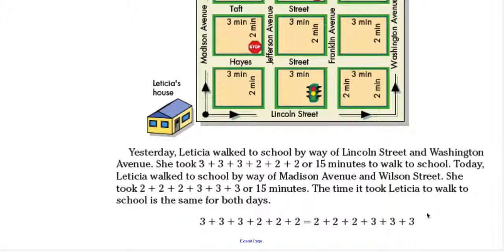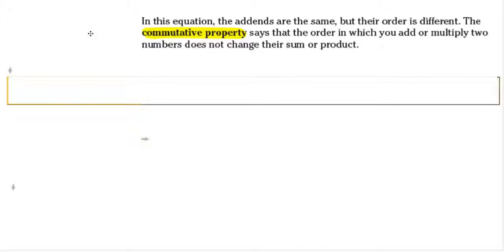That's a lot of 3's and 2's. This particular example brings us to this paragraph, which says that in this equation the addends are the same. The addends are the numbers that you add together, which will end up with a sum, but their order is different.